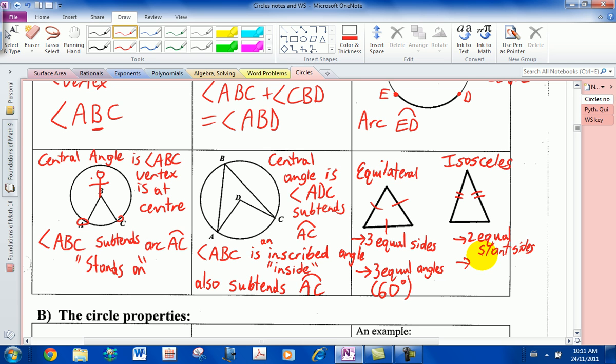Do you know anything about the angles at all? Good. 2 of them the same. Which ones? The top one? Slants. We call them something different though. They're touching the base. So we call them base angles. So we have 2 equal base angles.